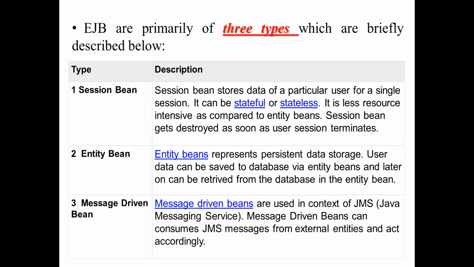Okay. So it is very important in the next topic. There are three types, which we have to briefly describe below, of EJB. The EJB session bean has three types. The first is the session bean, the second is the entity bean, and the third is the message driven bean.